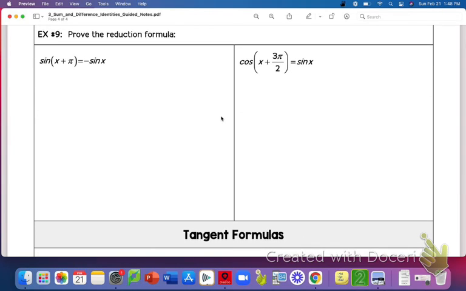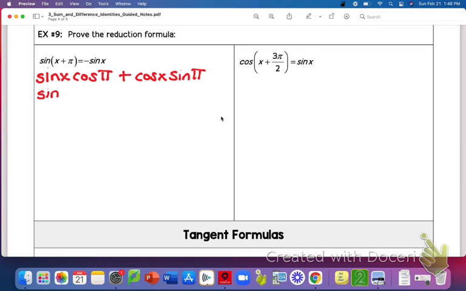All right, so we have sine of x plus pi is equal to negative sine of x. So when we break that out, we have the sine of x cosine of pi plus cosine of x sine of pi. Well, the cosine at pi, remember cosine is our x, so at pi that puts us at negative 1.